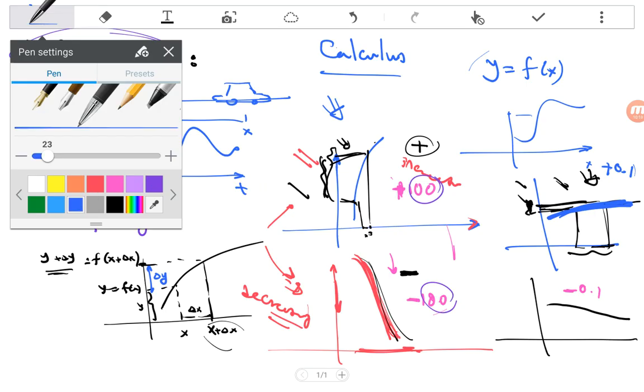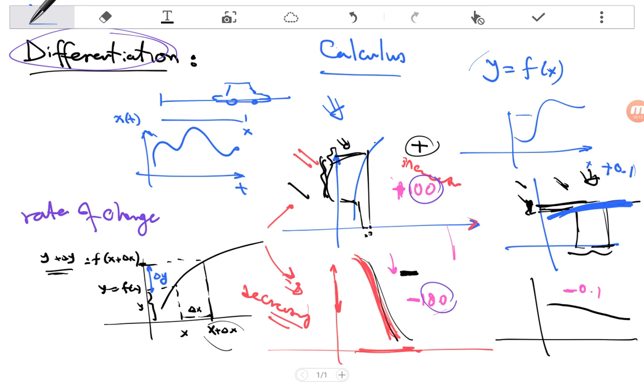When would the rate of the change be high? For example, for this case, if I made a small change in the input, I found there was a large change in the output. So it is the ratio between the change in the output to the change in the input that measures the rate of the change.